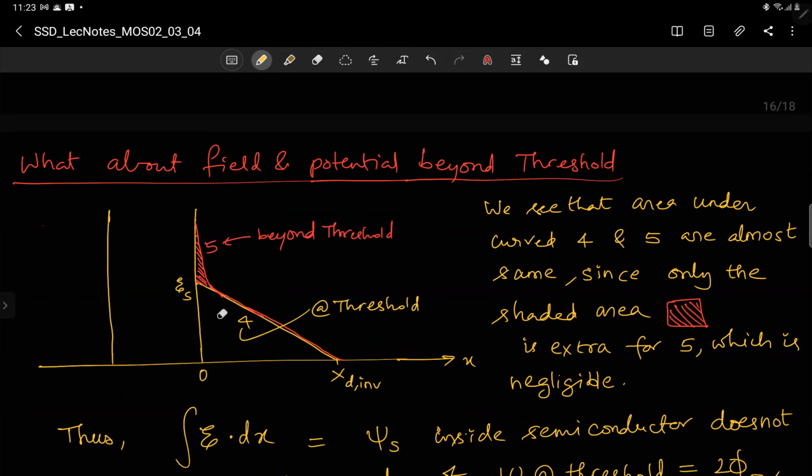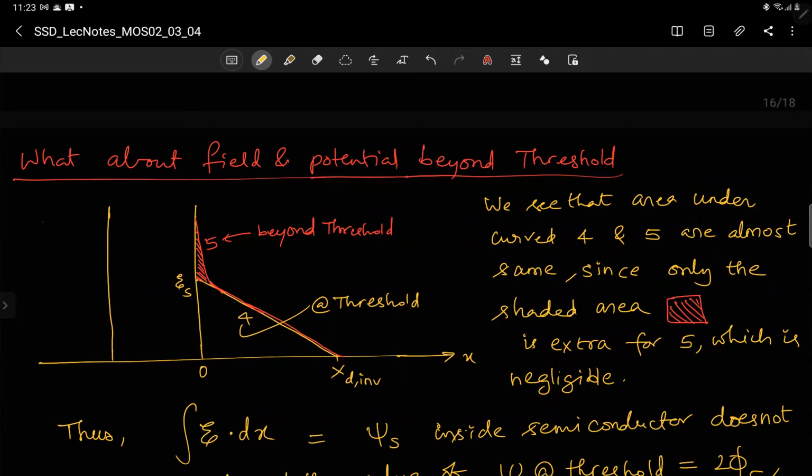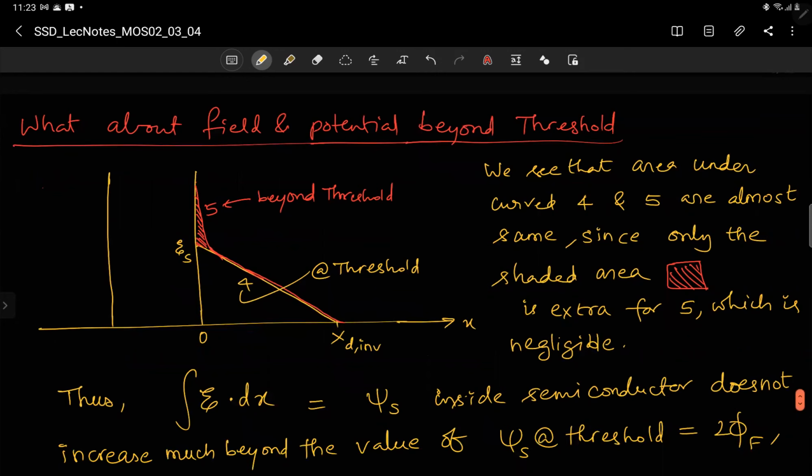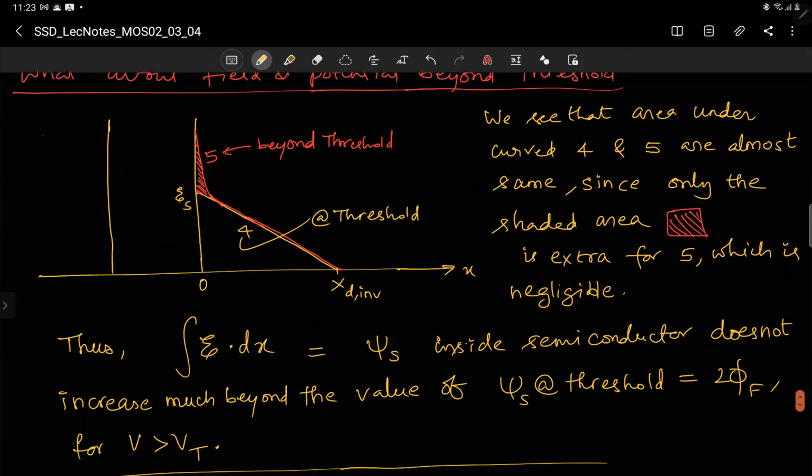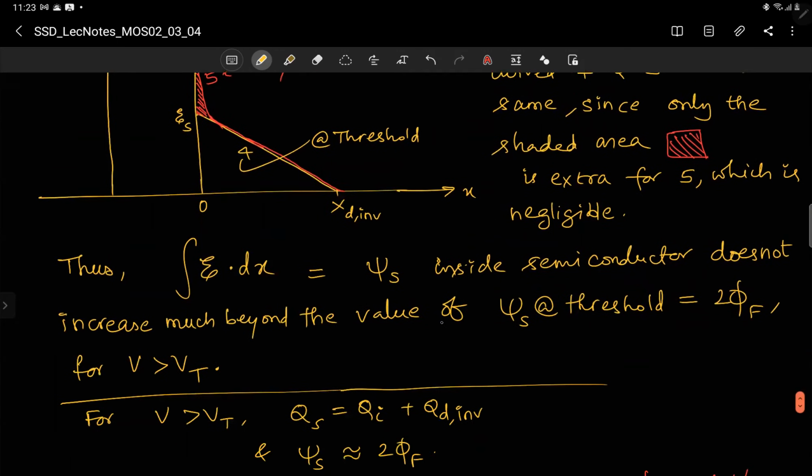The area under curve 5 is only marginally larger, but it can be approximated to be the area under curve 4. That increase in area is coming mostly due to inversion charge, because the depletion charge has not changed much. So that is what I have written here.